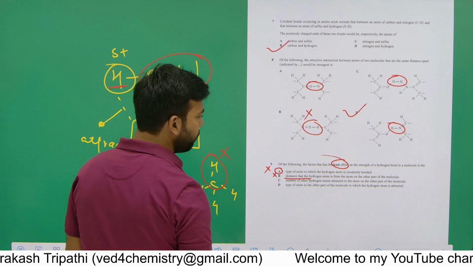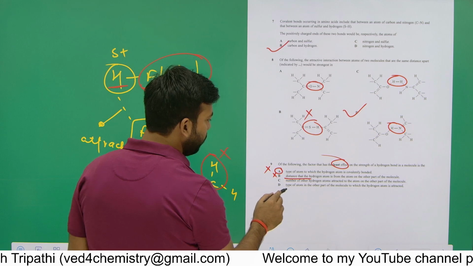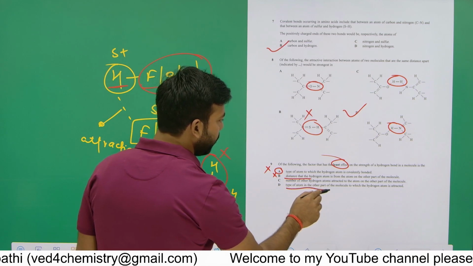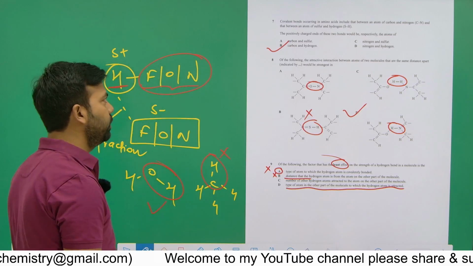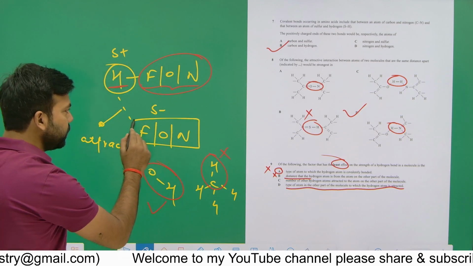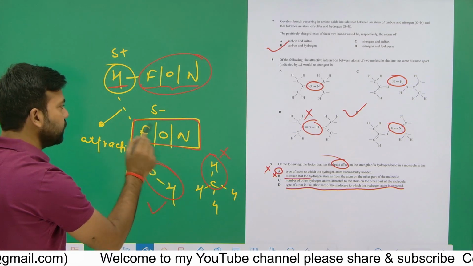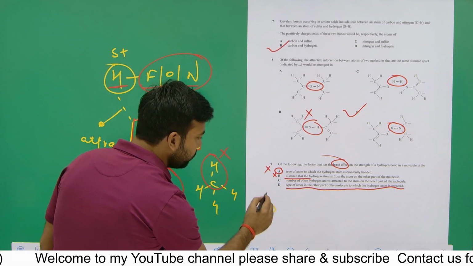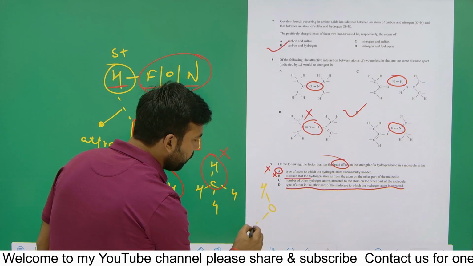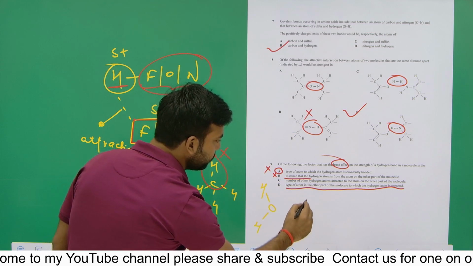Distance we did. And now the D one, look at type of atom in the other part of the molecule to which hydrogen atom is attracted. So this atom it is talking about, this type. This is also very important. Suppose we have water and methane.